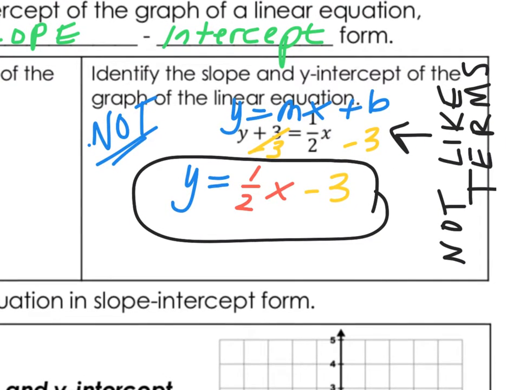Okay, now that I've rewritten the equation in slope-intercept form, now let's identify the m. The slope is 1/2. And -3 is the b, the y-intercept. So we had to manipulate this one first because it was not in slope-intercept form.